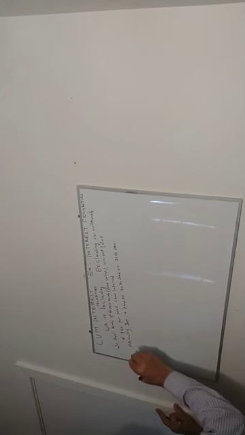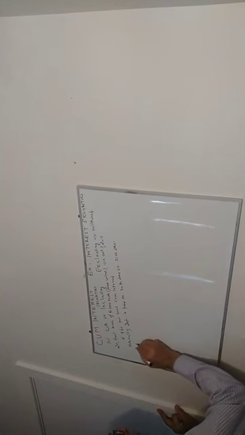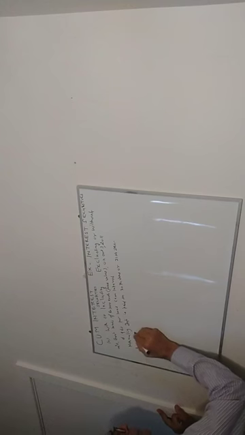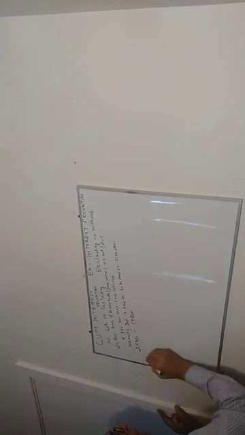Therefore, when we buy these 20 10% government bonds, how much will we be paying for that? 20 into 960, 19,200. Now accrued interest.